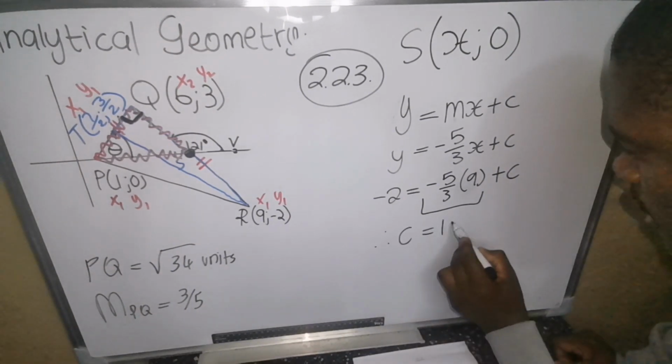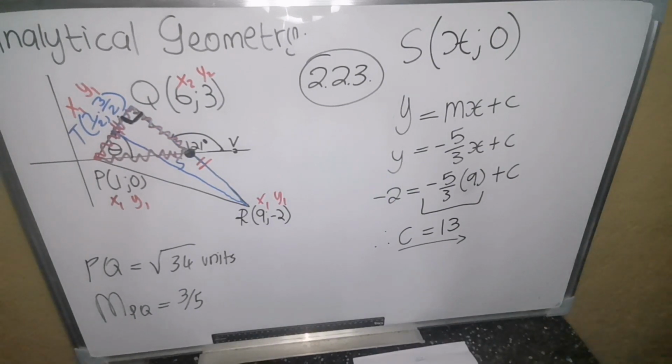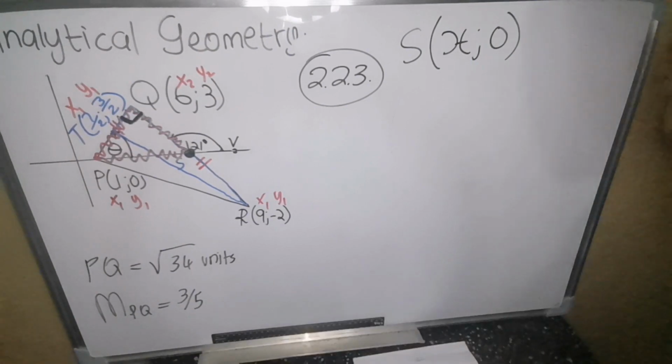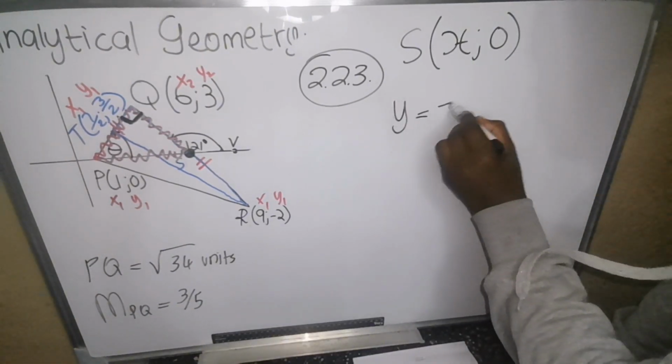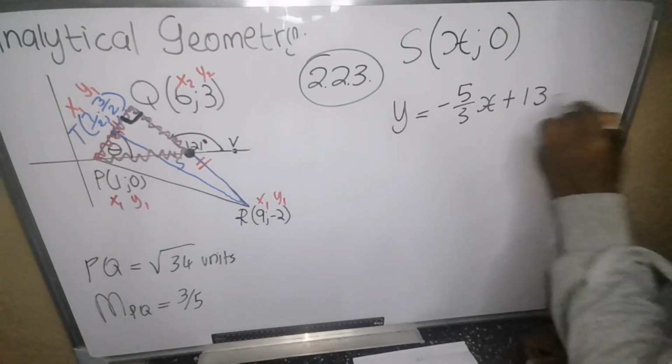So c is equal to 13. Are we clear, guys? We are not done. We just found the equation of QR: y equals -5/3 x plus 13.